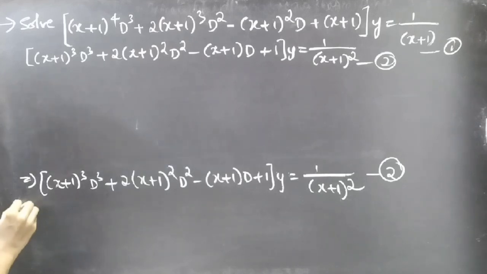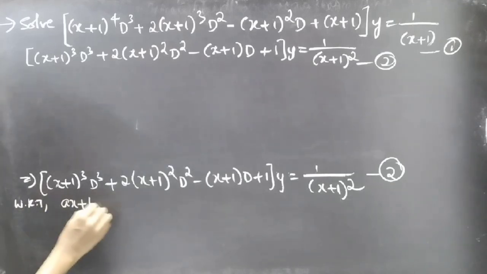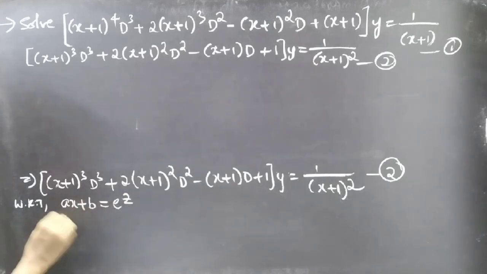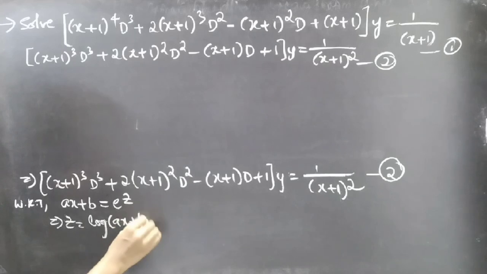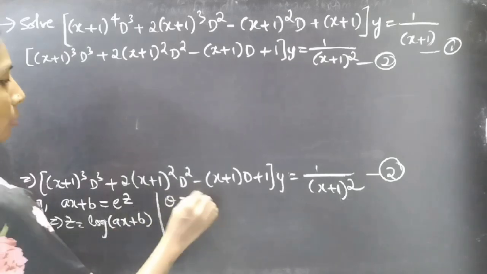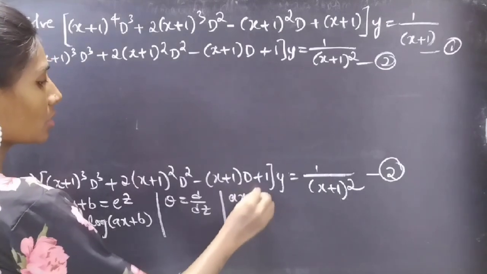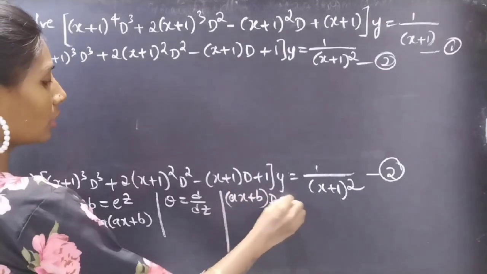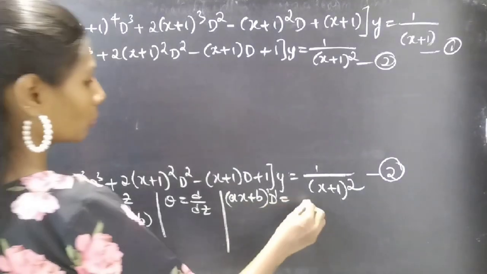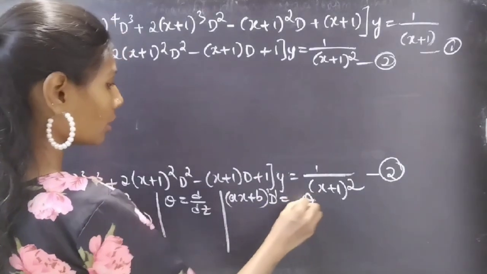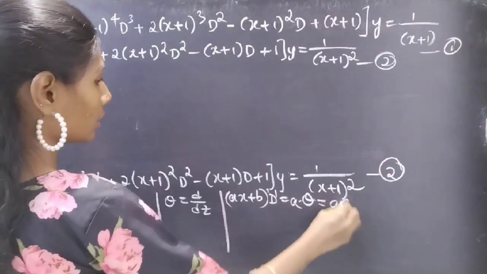From the Legendre's equation procedure, we know that if ax+b = e^z, then z = log(ax+b), and theta is the differential operator whose independent variable is z. (ax+b) D can be replaced by, since you have power 1, only one term of theta into the coefficient of x, which is a theta.